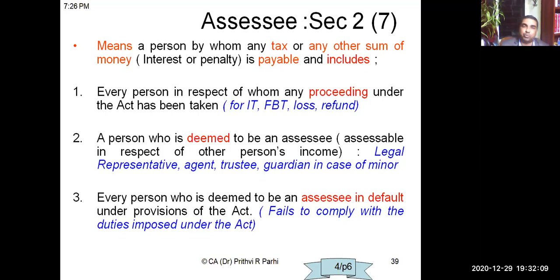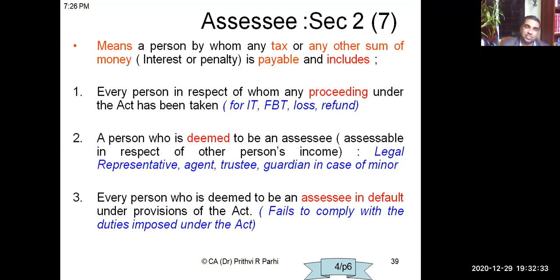Let us say you are supposed to file a return, he has not filed. You are supposed to deduct tax at source and he has not deducted. Because of these non-compliances, that person is a defaulter. So that person will be regarded as an assessee in default.